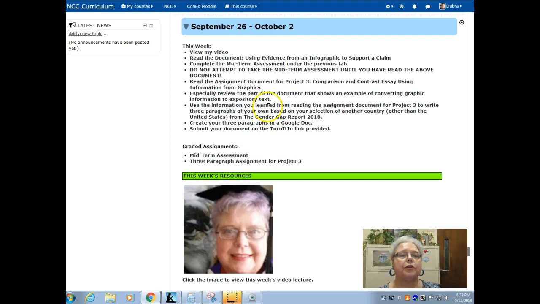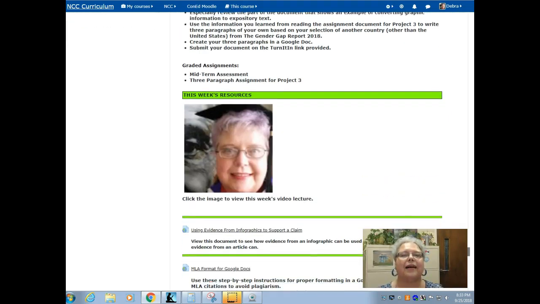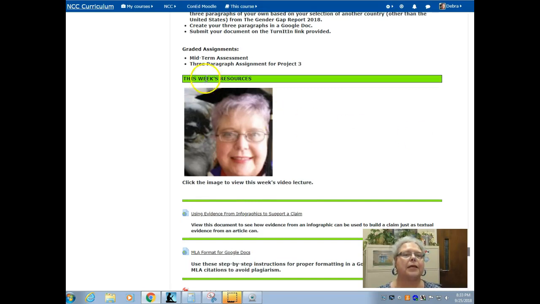Use the information you learned from reading the assignment document for Project 3 to write 3 paragraphs of your own based on your selection of another country other than the United States from the Gender Gap Report. And that should be 2017, but anyway, I'll go back and fix that too. 2 graded assignments, then: the midterm assessment and the 3-paragraph assignment for Project 3.